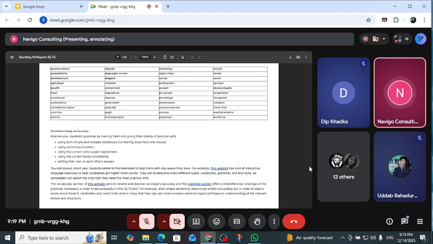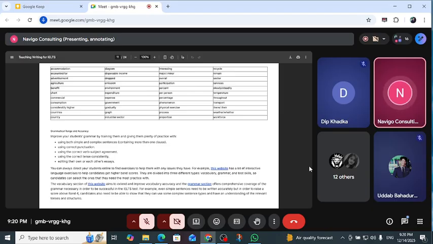For example, simple sentence: the dog barks. Compound sentence: the dog barked and the cat meowed. Complex sentence: the dog barked because he saw a cat. So you must be able to use both simple and complex sentences.